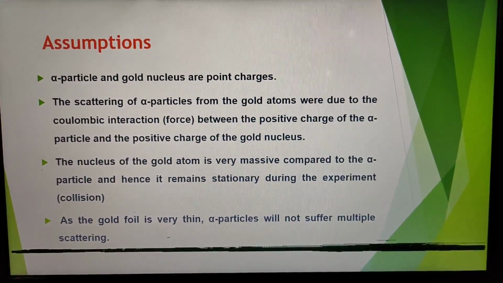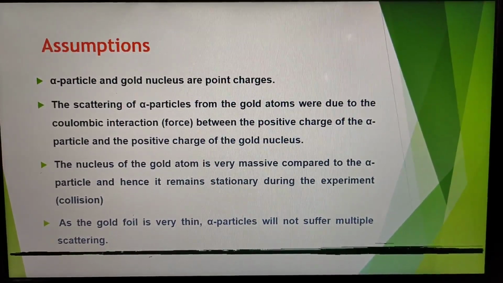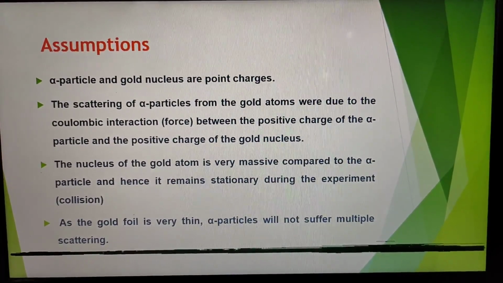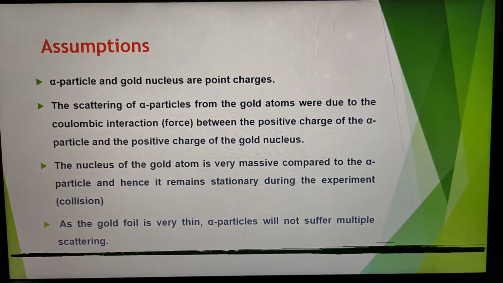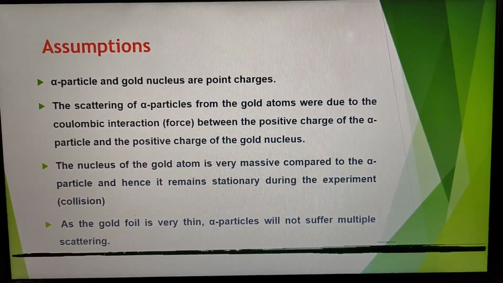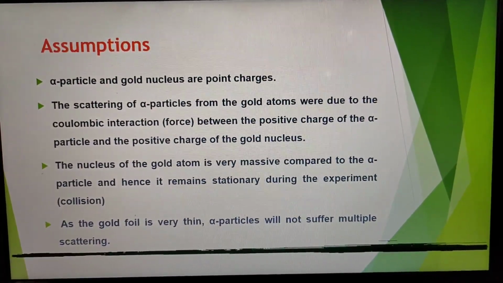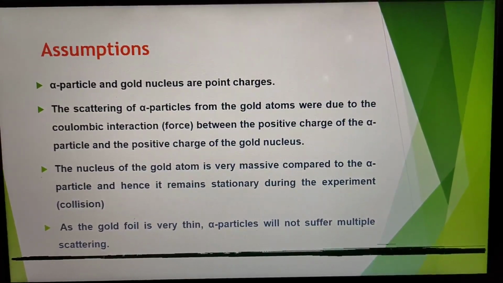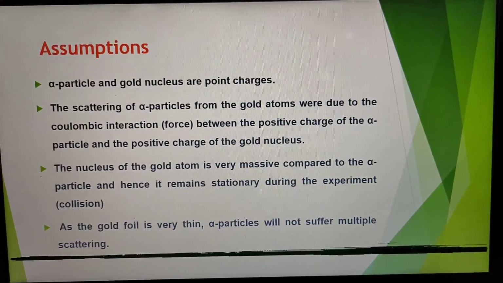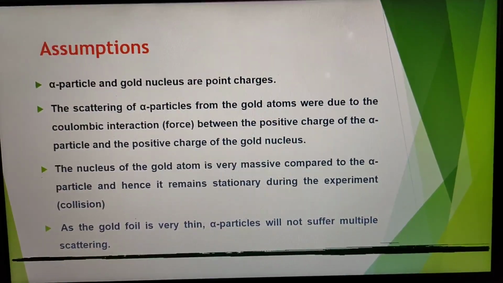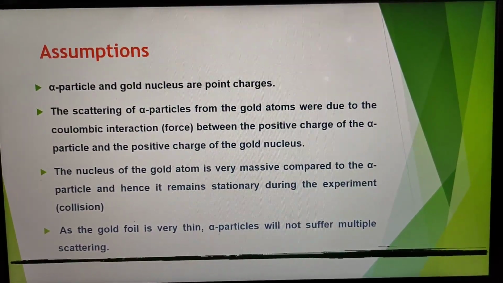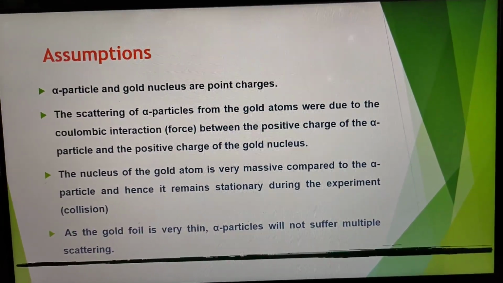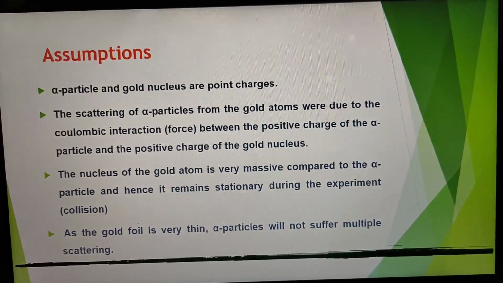Already in 11th class you have studied collisions. Here the mass number of the gold atom is 79 and the mass number of the alpha particle is only 4, which means the gold atom is highly massive compared to the alpha particle. So when the alpha particle hits the gold nucleus, it remains stationary.